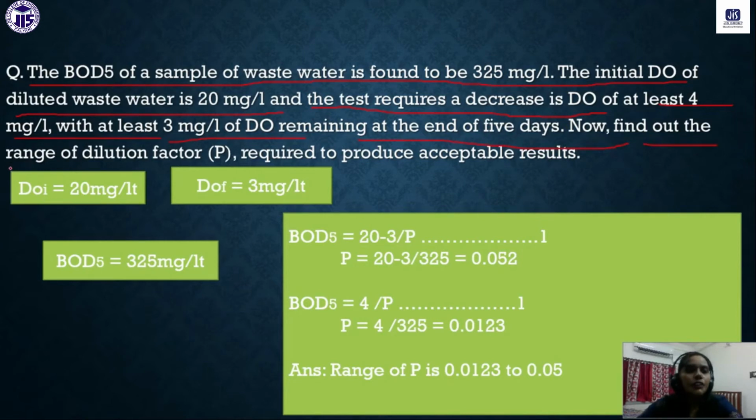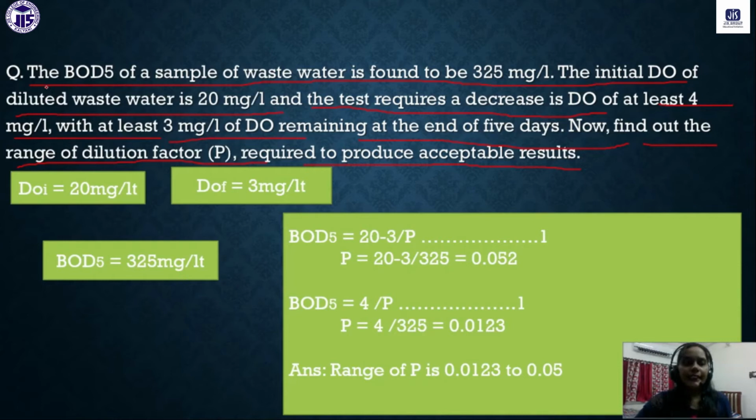Now find out the range of dilution factor required to produce the acceptable results. There are so many data given. Okay, and so first of all, one by one we will see what data are given.